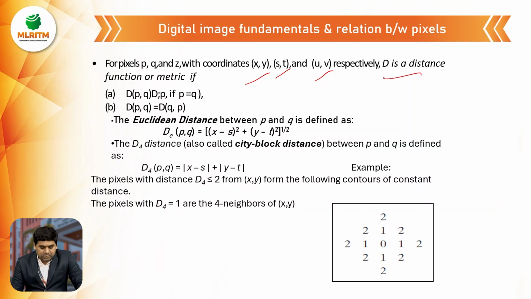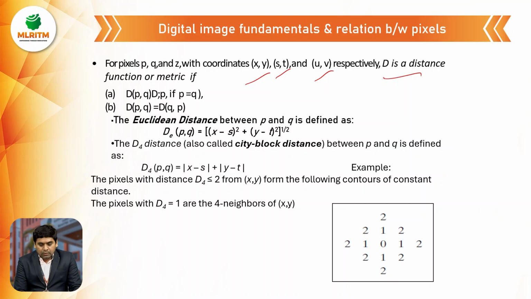Some properties you can observe. The distance D of p comma q means the distance between the coordinate of pixel p and the coordinate of pixel q.